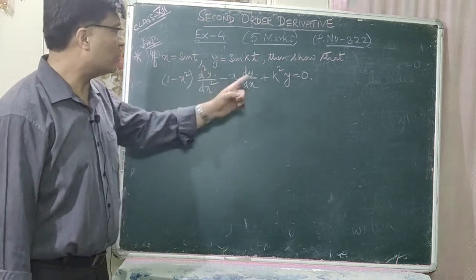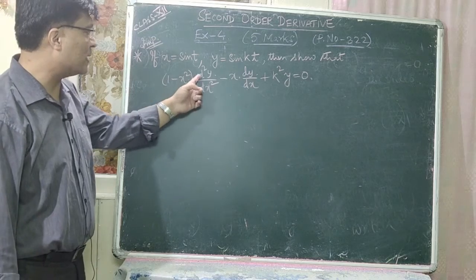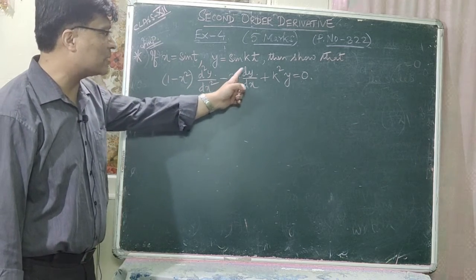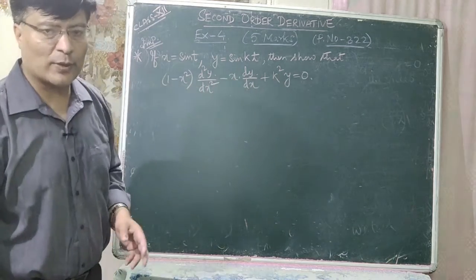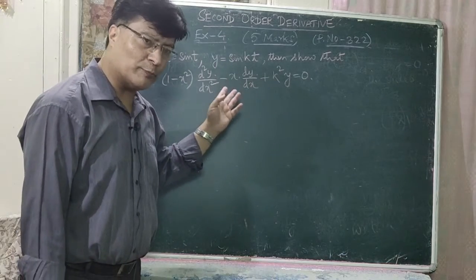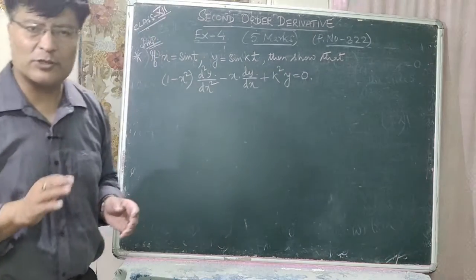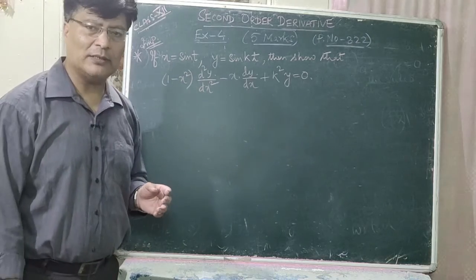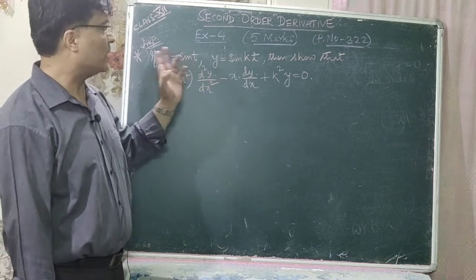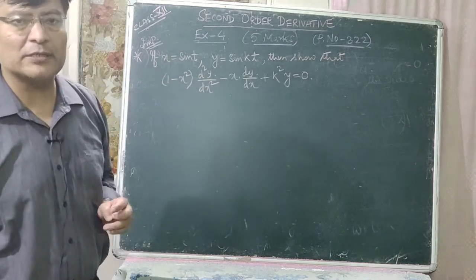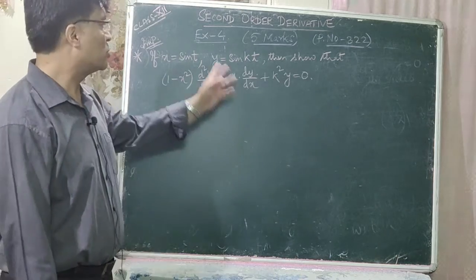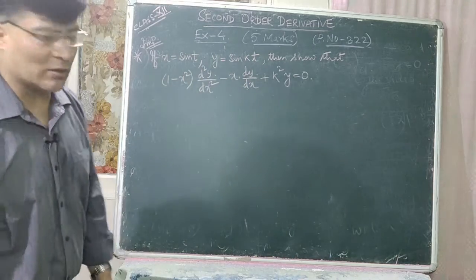Okay, then you have to prove that 1 minus x square d2y by dx square minus x dy by dx plus k square y is equal to 0. You have to prove this relation in terms of first order derivative and second order derivative. Okay, so let us find out dy by dx from this given parametric equation. So in this case k is a constant.